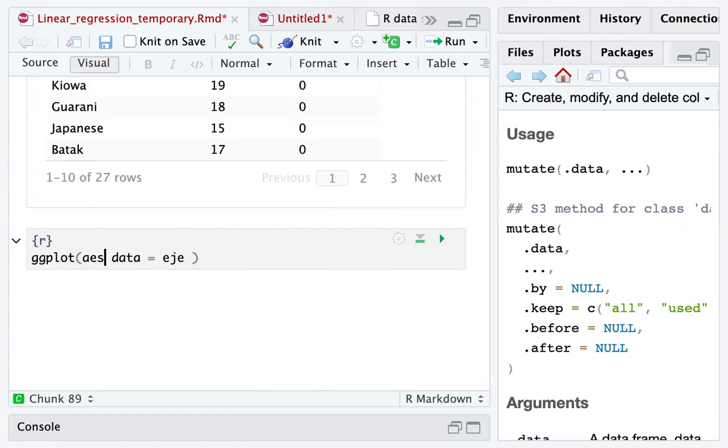The statics is, we have to put on the x-axis the number of consonants.